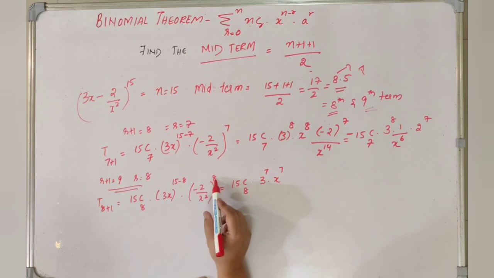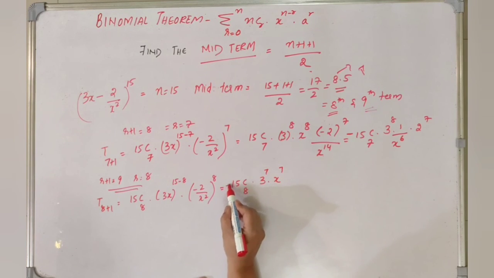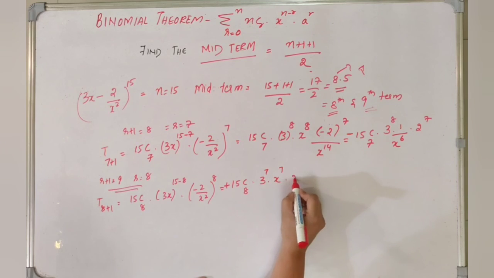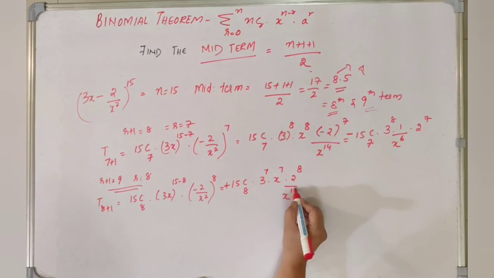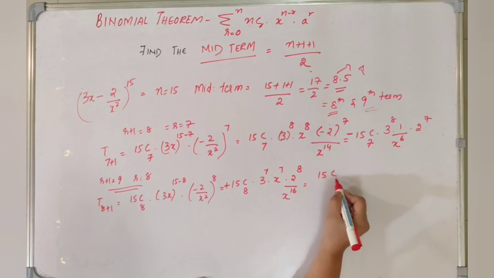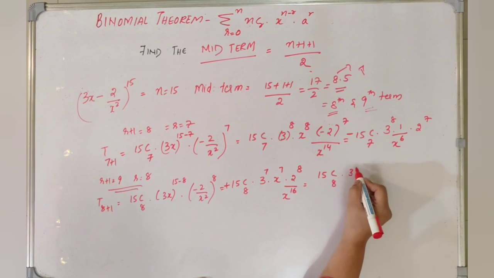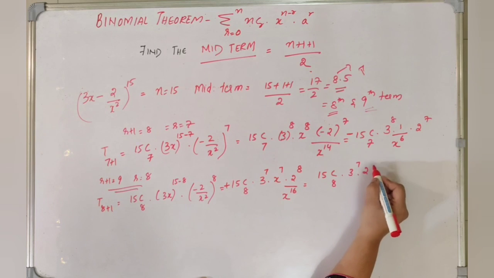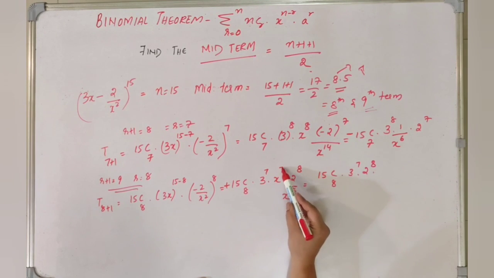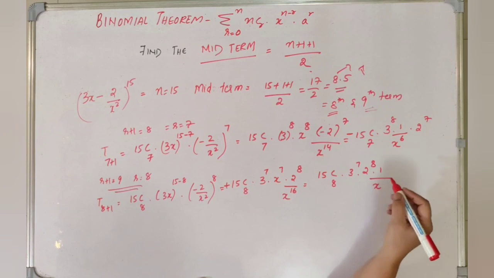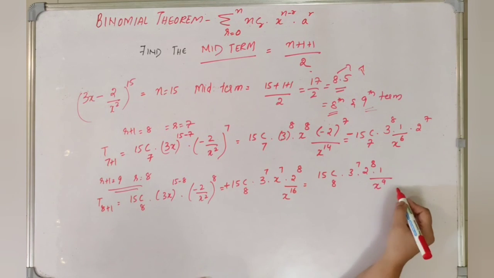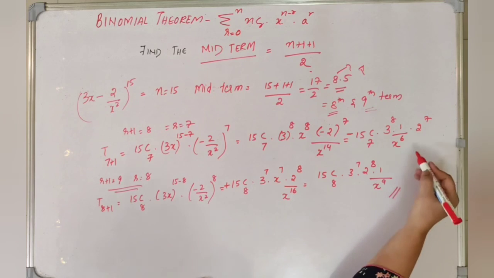Minus, this is an even power, so it will become plus: 2 to the power 8 over x to the power 16, where we multiply the powers, 8 into 2 is 16. So we get 15C8 into 3 to the power 7 into 2 to the power 8. x to the power 7 and 16 will be cancelled, and we'll be left with 1 over x to the power 9. So this is the ninth term and this is the 8th term.